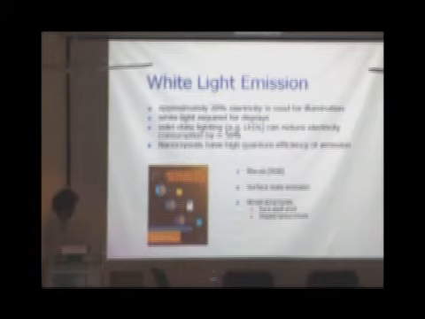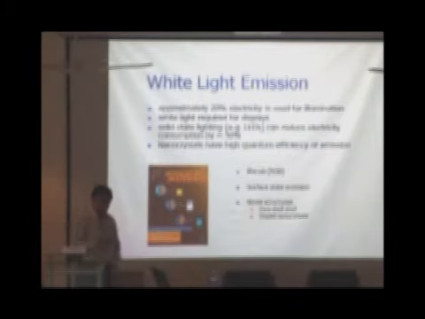So what we did was to try 4 different methods over here. I'll discuss a bit of each. First thing is to mix all of them. The second thing is surface state emission. Now I've already told you the importance of surface. So surface state emission is something in the 4 shell structures.